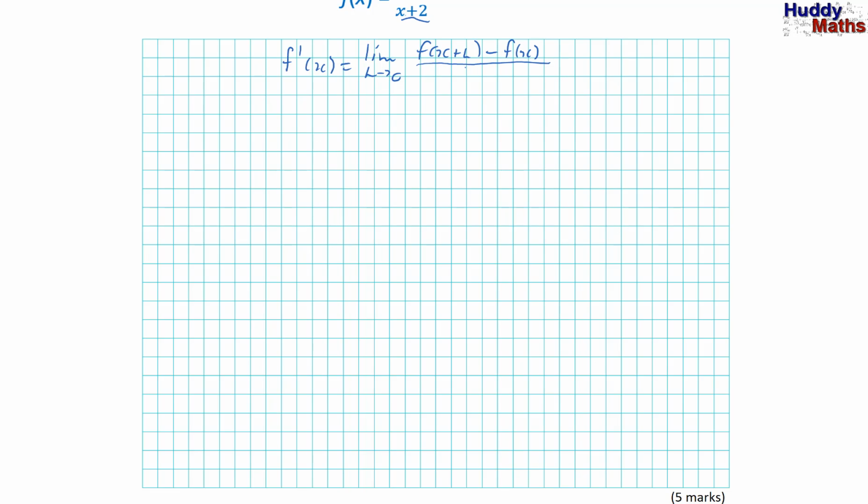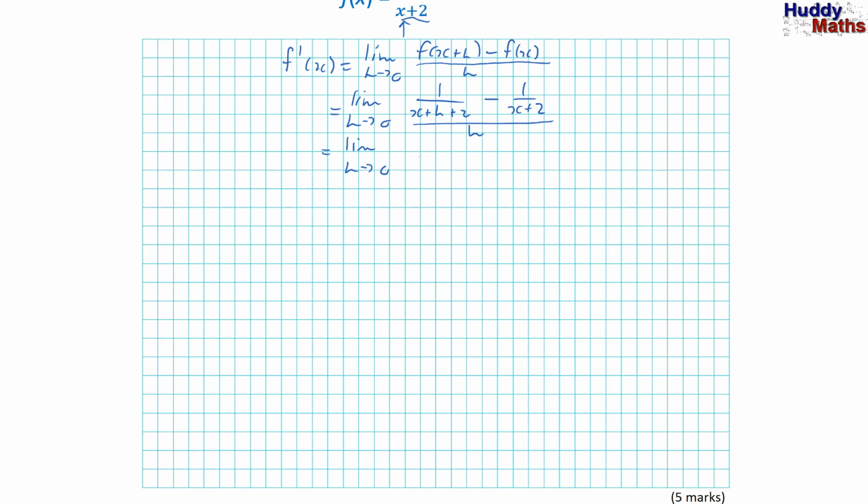And it's important to show the fundamental maths that's going on here. Okay, so here we go, f of x plus h will be 1 over x plus h plus 2, remembering what f of x plus h means, it means replace that x by x plus h. Now we're going to take 1 over x plus 2 and we're going to divide by h.